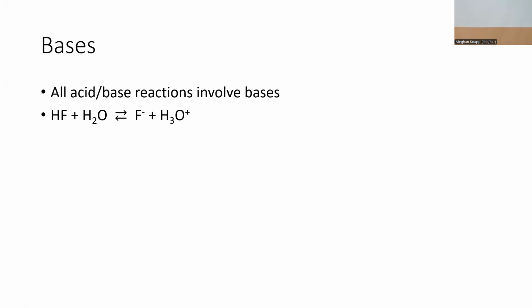So either way, when we have an ion, that can be a clue. Now, that is not 100% of the time because of polyprotic acids, but it is a good indicator if you're trying to decide. Okay, so in this case, H2O is the base because it accepts the H plus.